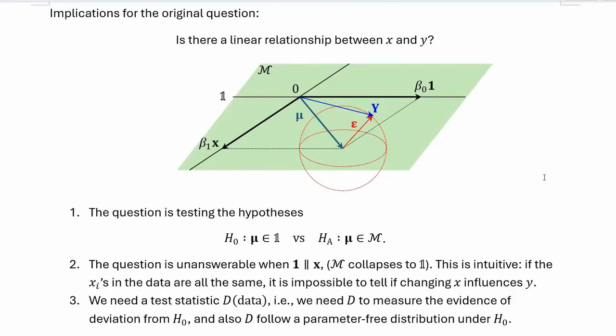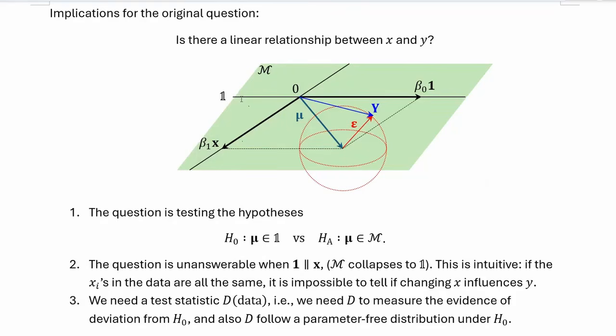And now the original question can be reformulated in terms of vectors and subspaces. The original question is: is there a linear relationship between x and y? If y is purely random, that means beta 1 is 0. So therefore, the true mean, mu, lies in the subspace 1.